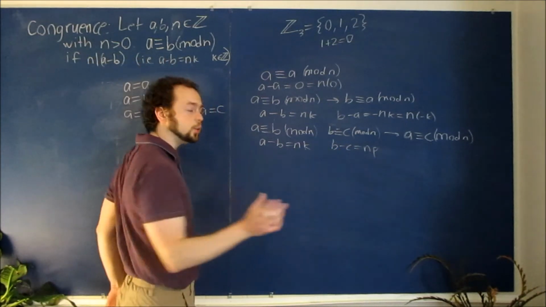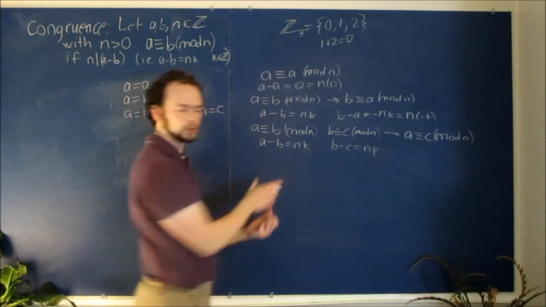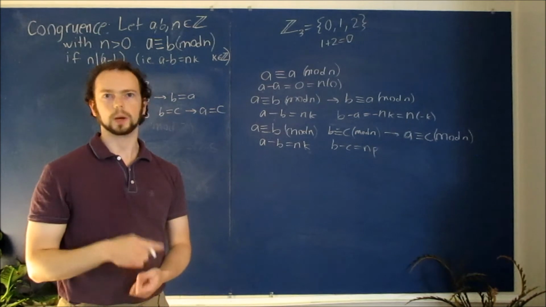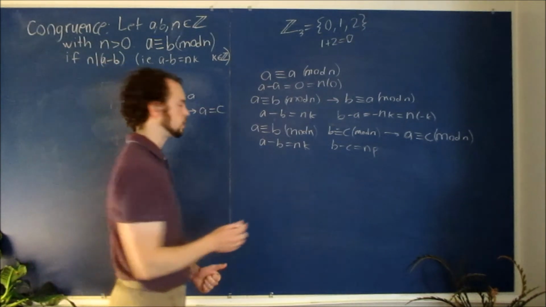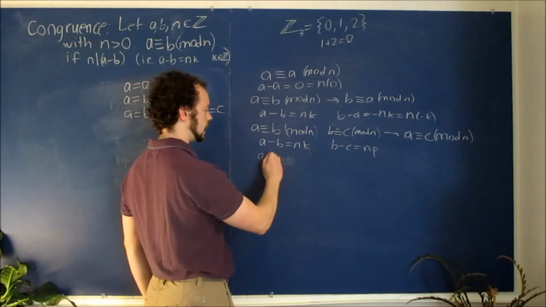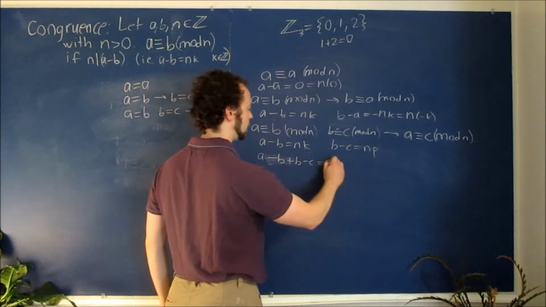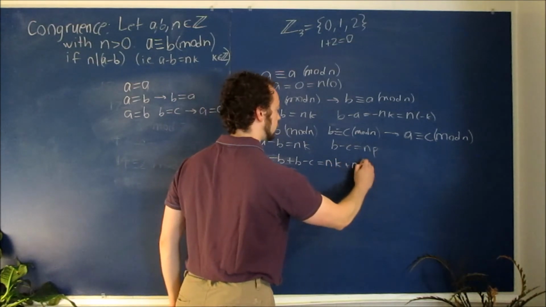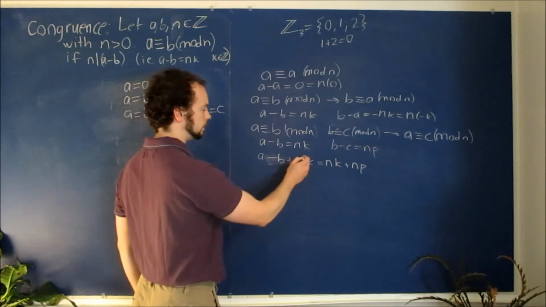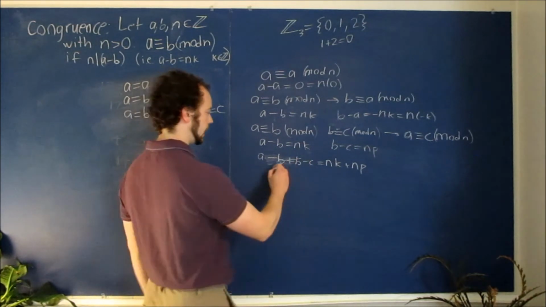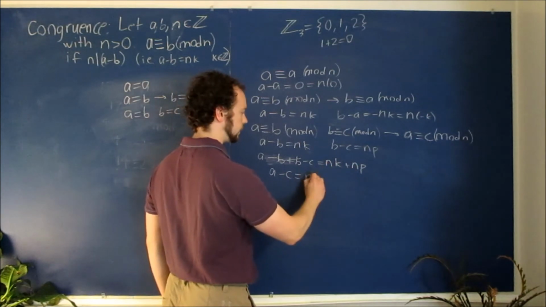Then what I can do is add these two equations together, the same way that you would have done in high school if you were solving a system of equations, right? I'll get a minus b plus b minus c equals nk plus np. The b's cancel out, and I can factor the n out.